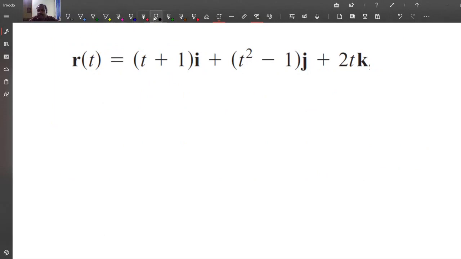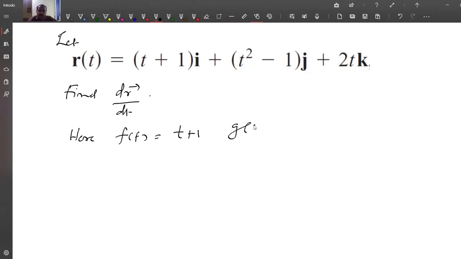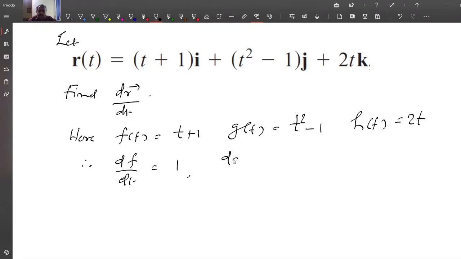Now we do a problem. Let r of t be equal to t plus 1 i plus t square minus 1 j plus 2t k. Find dr by dt. So here f of t equal to t plus 1, g of t is equal to t square minus 1, and h of t is equal to 2t. Therefore df by dt is equal to 1, dg by dt equal to 2t, and dh by dt equal to 2.